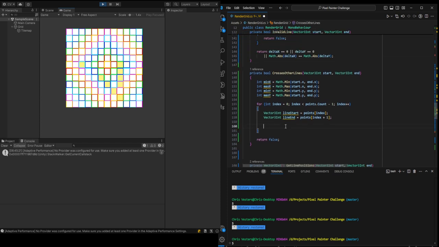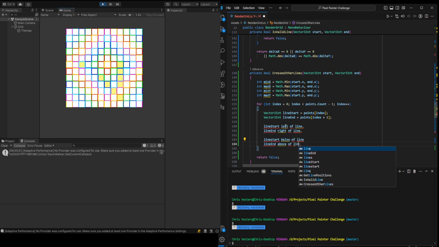I want to check if line start is left of line end, right of line, and then I have line start below the line and line end above the line.